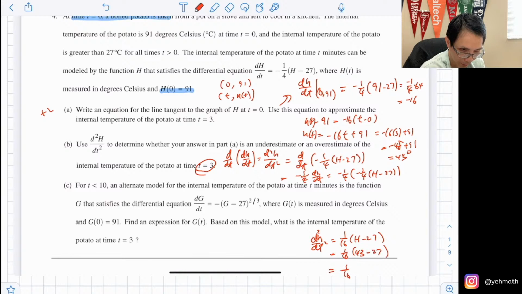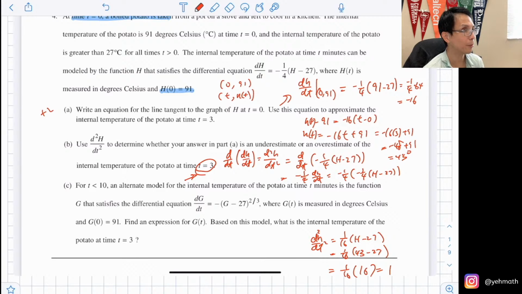So that's equal to 1/16 times 16, that's equal to 1. Where do you get the 43? Because they wanted t equals 3, not t equals 0.